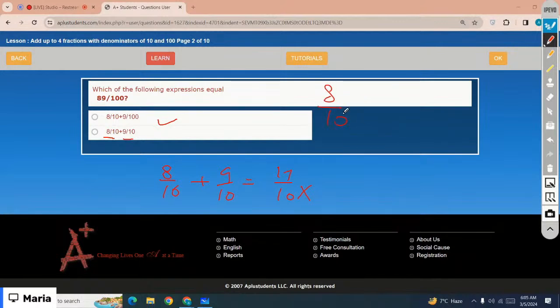The correct option is option number 1, that is 8 over 10 plus 9 over 100. How? Whenever you add fractions, you always have to make their denominators the same. You cannot add two fractions until they have the same denominators, right? So they have different denominators, 10 and 100.